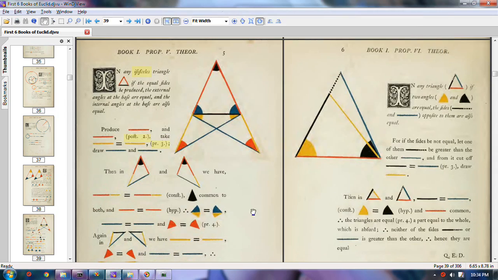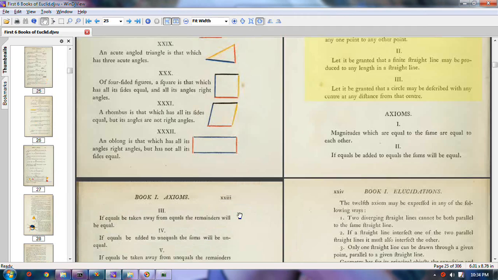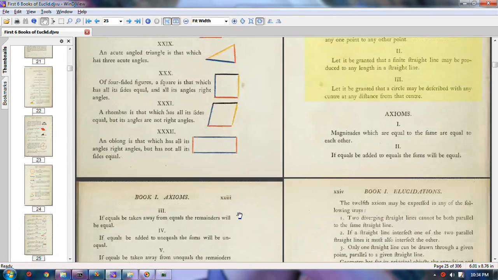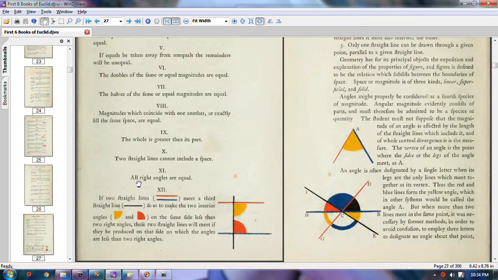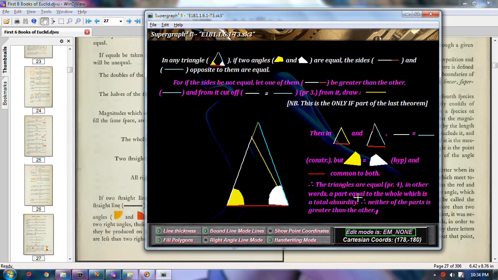Which axiom is that? The whole is greater than the part. Axiom 9 tells us that that is completely and utterly absurd.